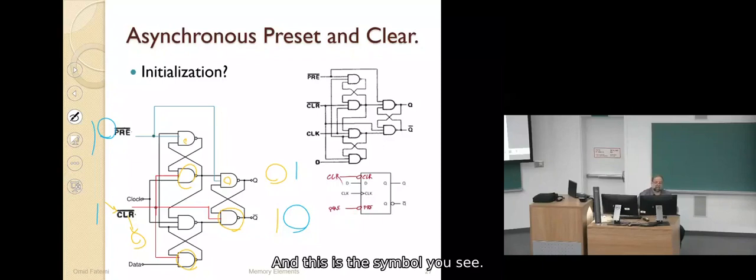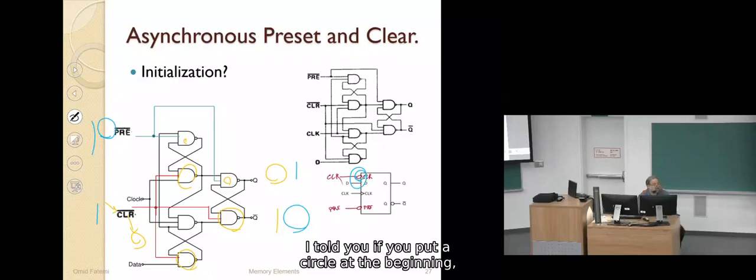And this is the symbol. So you see, clear is active low. I told you if you put a circle at the beginning, it means active low. And preset is also active low, and this is the rising edge triggered flip-flop with clear and preset.